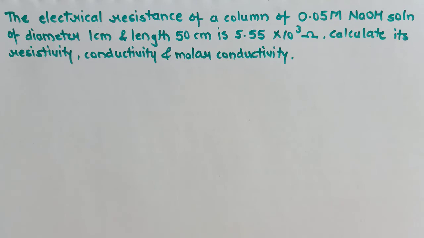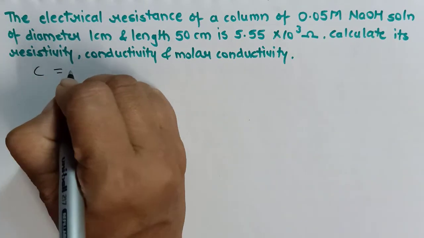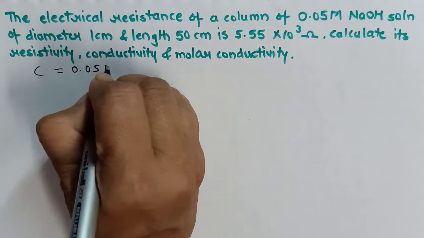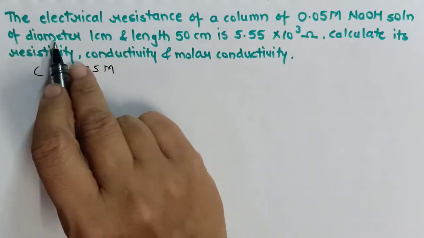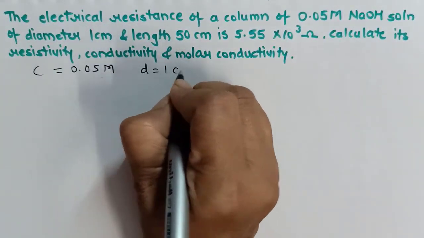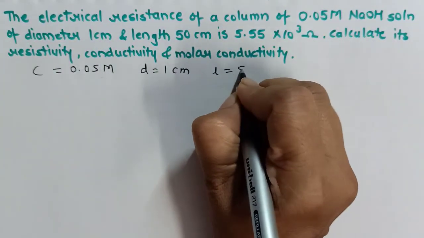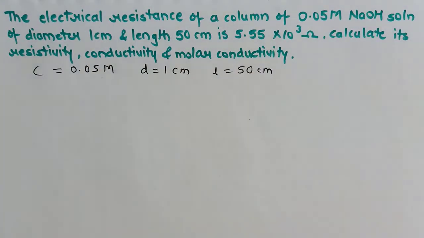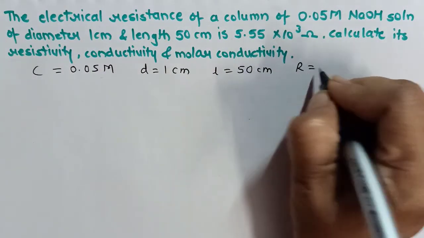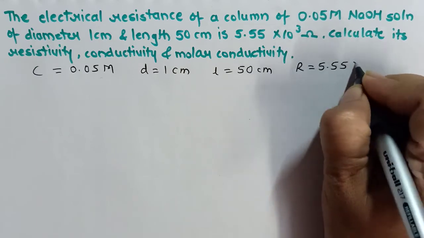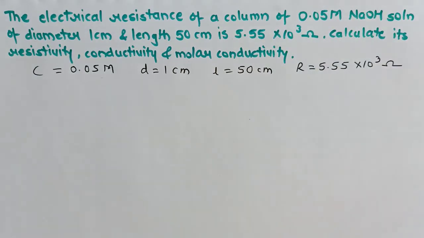So there are many factors. Concentration is given 0.05 molar. Then diameter is given 1 centimeter. Length is given 50 centimeter. And the resistance is given as 5.55 into 10 to power 3 ohm.